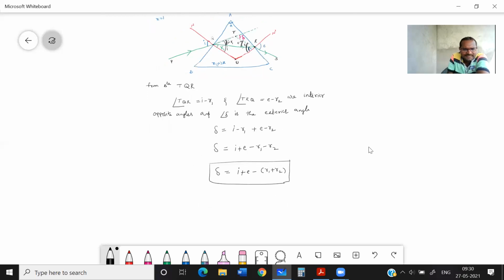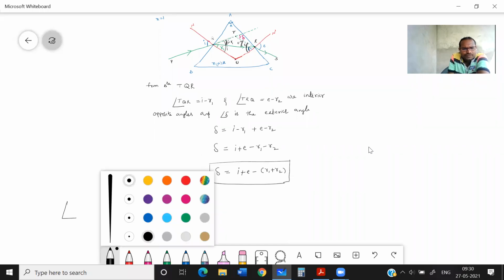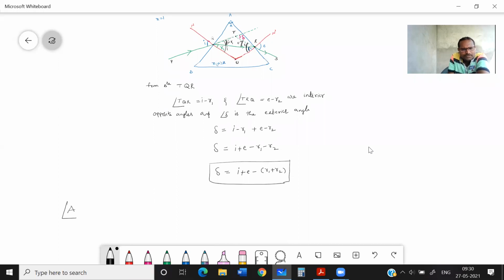Means angle AQU, how much? 90 degrees, no? For this refracting surface, this is a normal. Normal is perpendicular, means this total angle should be 90 degrees. And angle ARU, this is also 90 degrees.